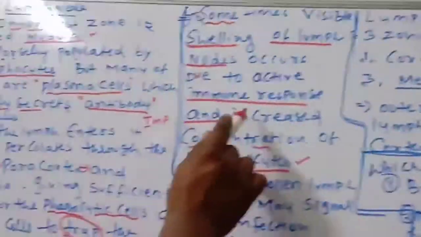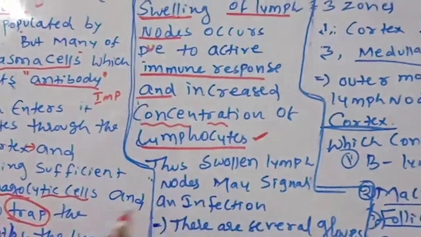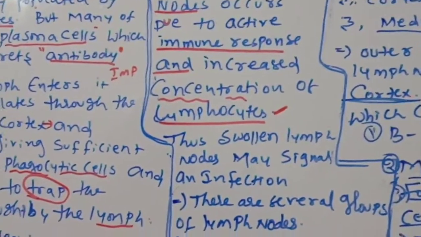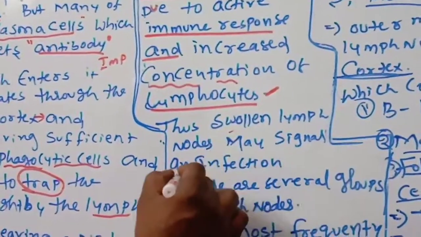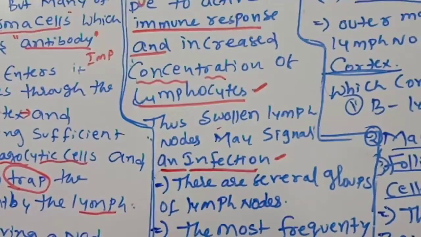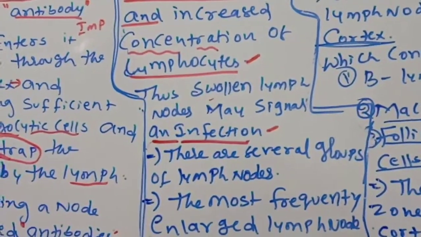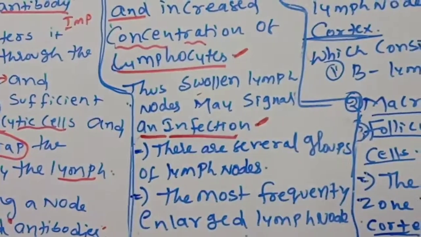Fighting is going on between antigen and antibodies, and the lymphocyte concentration increases, so visible swelling takes place. The swollen lymph nodes may signal an infection. Swollen lymph nodes mean something is wrong: some parasite or antigen entered, fighting is going on, some infection has happened. Like that we get a signal.